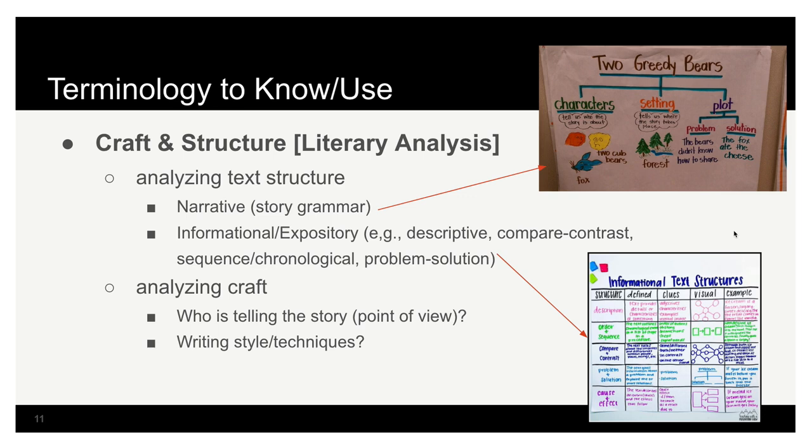So you might notice that a child is really struggling with the text structure, and that could be a potential next step for you as a teacher, to explicitly teach those text structures. And then analyzing craft is looking at how the author wrote the text. And so thinking of who is telling the story, what's the point of view, and then what strategies and techniques does the writer use to tell the story.